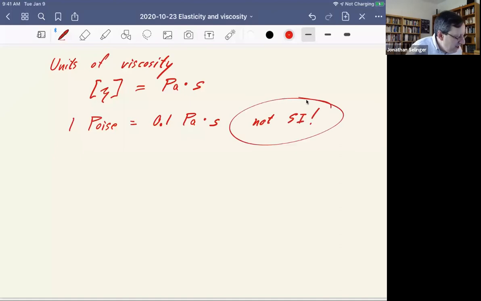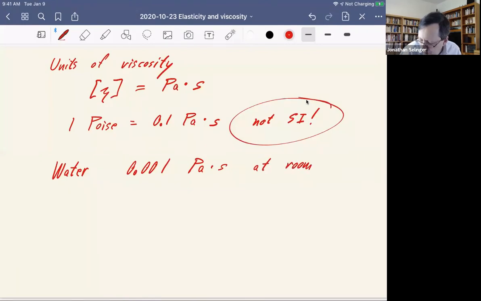Oh, and just for a few examples of that. Water has a viscosity of 0.001 pascal seconds at room temperature. And for honey, it is 2 pascal seconds, again at room temperature.